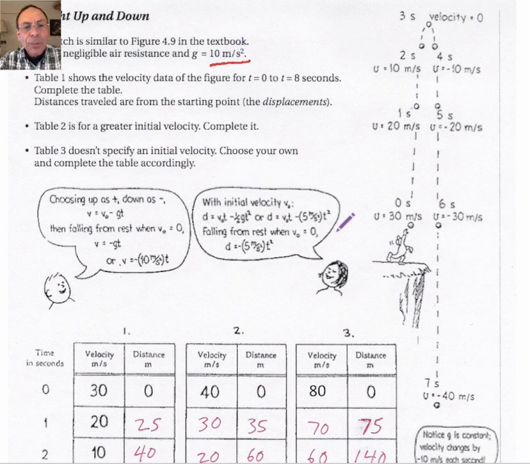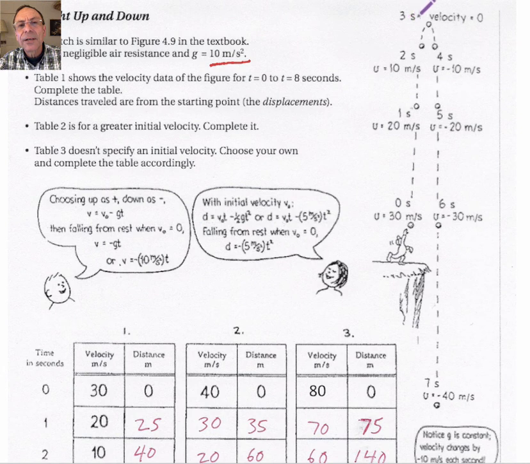Here's this guy, and he throws a rock or a ball or something straight up. At the beginning, the rock is going upward at 30 meters per second, but it's decelerating. After 1 second, it's lost 10 meters per second, so it's gone from 30 meters per second down to 20. Another second later, it's gone to 10.